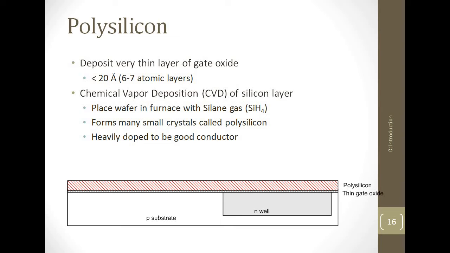It is less than 6 to 7 atomic layers. Chemical vapor deposition, in short called CVD, takes place for the silicon layer. Place the wafer in a furnace with silane gas, which forms many small crystals called polysilicon, heavily doped to be a good conductor.